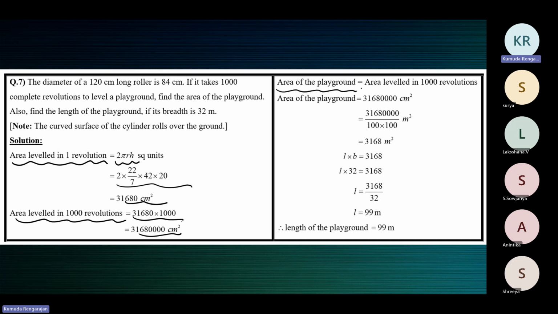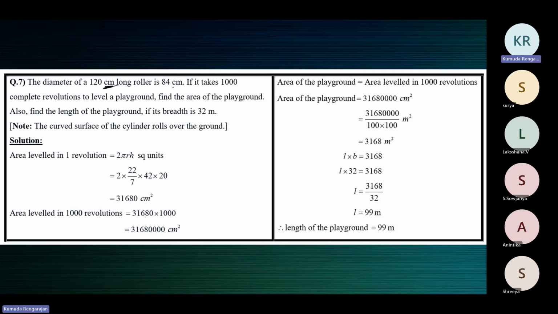Since the radius and height are in centimeters, the area we have calculated is in centimeter square. Now we need to convert that to meter square because the breadth is given in meters.